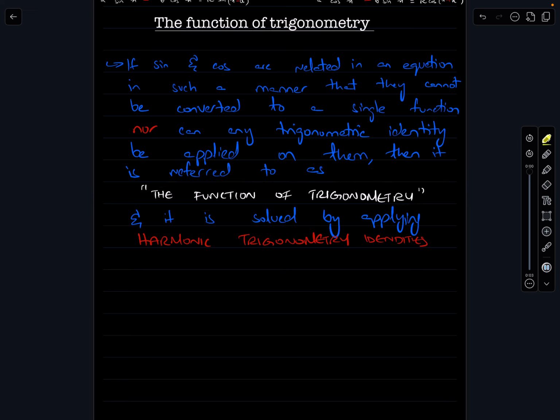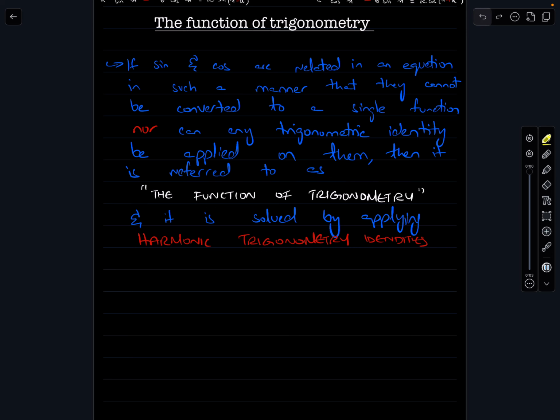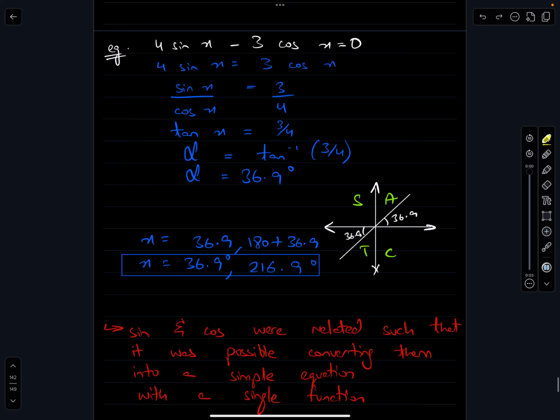And this function of trigonometry can only be solved using harmonic trigonometric identities. Let's say, for example, we have this.